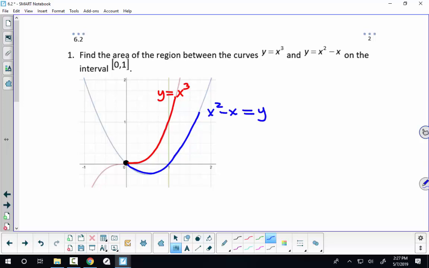So it says from 0 to 1 in between those two curves. Here's an x value of 1. So what we're after is this area here.